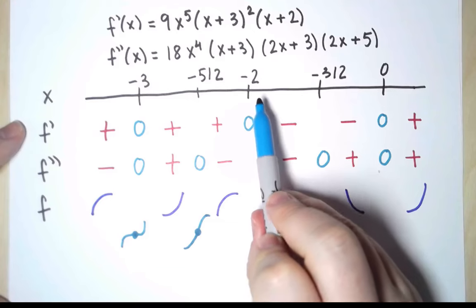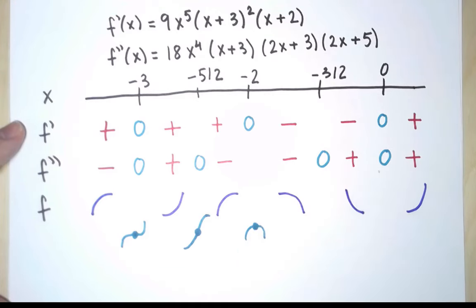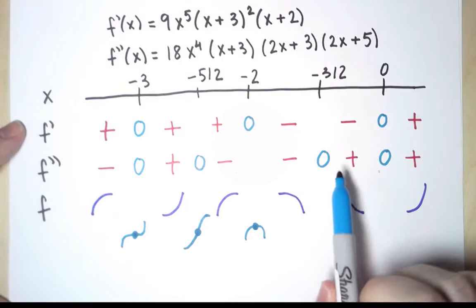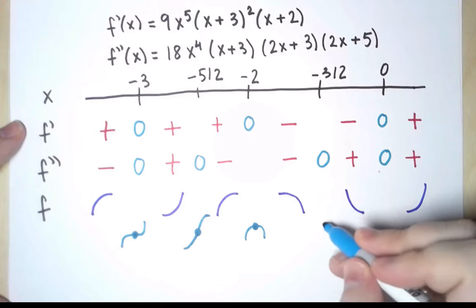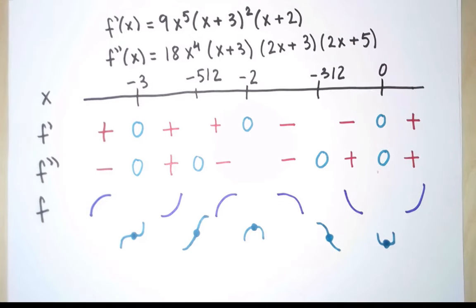At -2, I'm going to have a local maximum. At -3/2, I have an inflection point where the function remains decreasing with negative slope. And finally, at 0, I have a local minimum. That should be enough to sketch the graph.